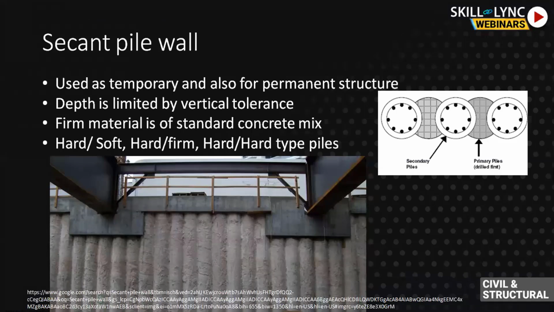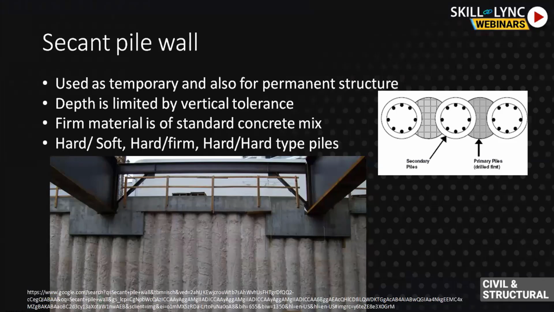Compared to other piles, it is much slower because it has to cut through the primary pile, so it takes much more time compared to the earlier hard-soft or hard-firm construction.